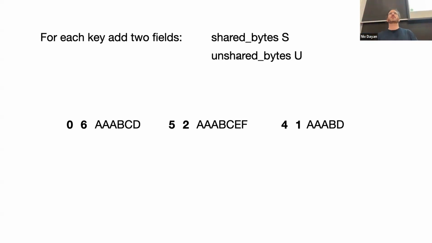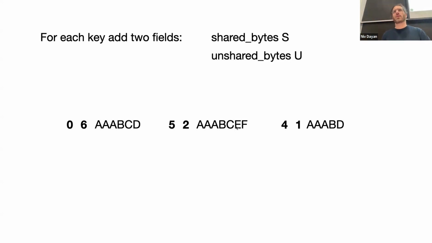The unshared is how many new bytes you are introducing after the ones that you're sharing with the one before. It might be more interesting to look at this entry here. This entry is sharing 5 bytes with the entry before, and only 2 characters are new after that.